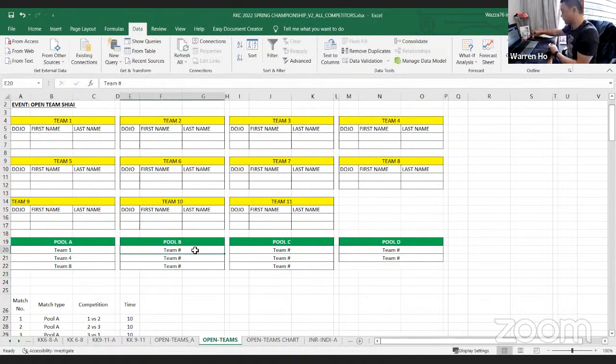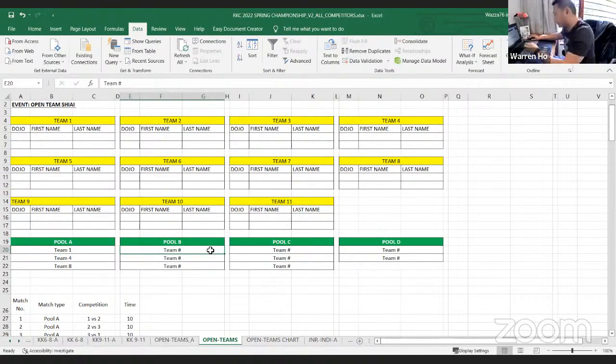Let's go for pool B. The teams that belong in pool B are going to be these 3: 5, 11, and 3. 3, 5, 11. You guys see that? All right.